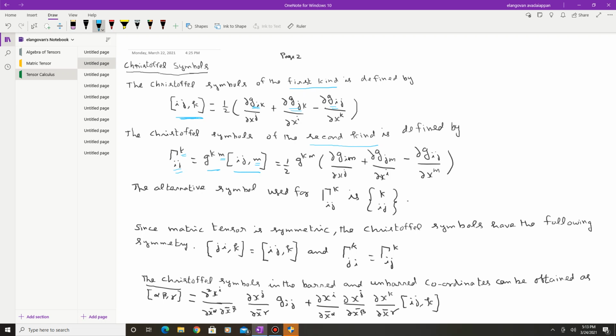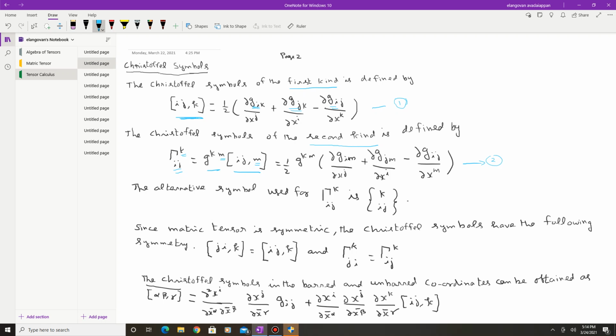Now using the definition of the first kind, [ij, m], the Christoffel symbols of the first kind can be expressed again by using this definition. So this is equation 1, and using this equation 1, you will substitute here, you will get equation 2.